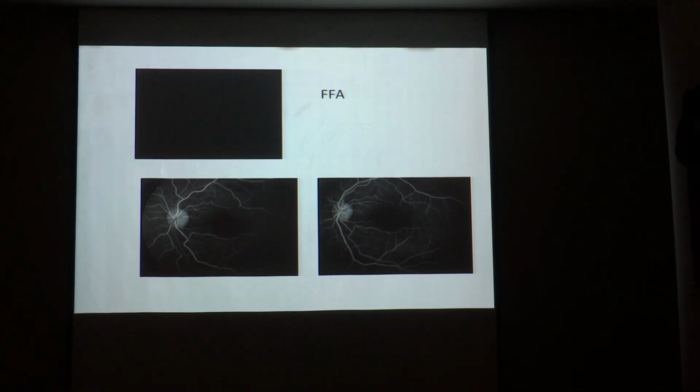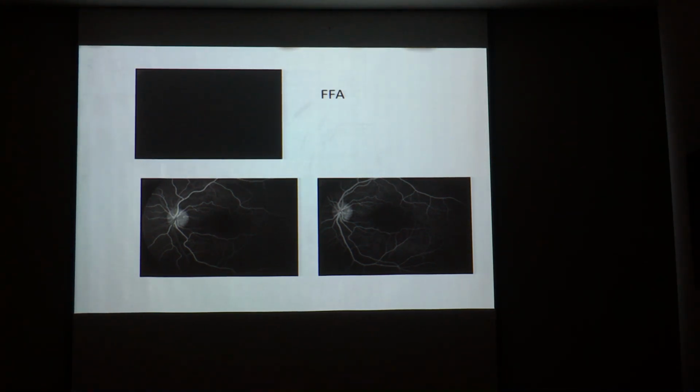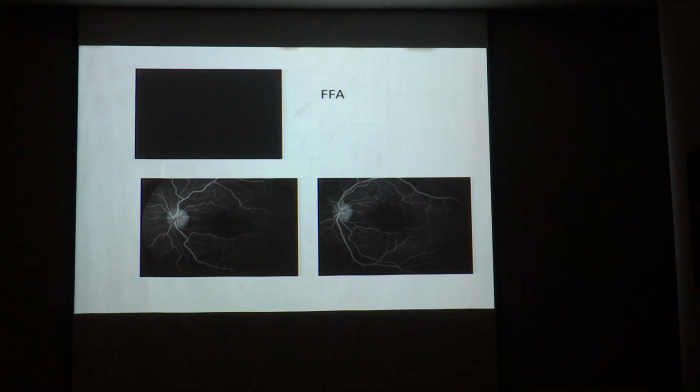So, what test would you order for this patient? OCT. Very nice. So, all of you have the consensus, we must do the OCT. And let's see how many of you would interpret this OCT.